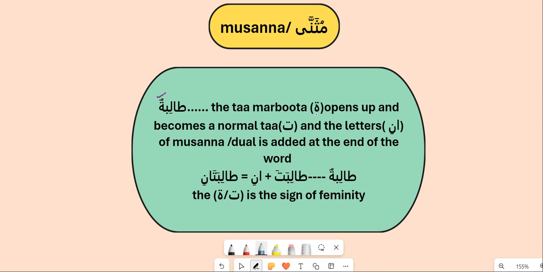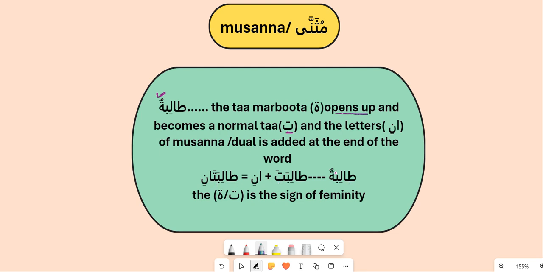When you are making a feminine noun into a dual, what happens? A feminine noun has a ta marbuta at the end. So what happens with the ta marbuta? It opens up and becomes a normal ta like this. And the letters alif and noon attach to the noun, and then it becomes talibatan.